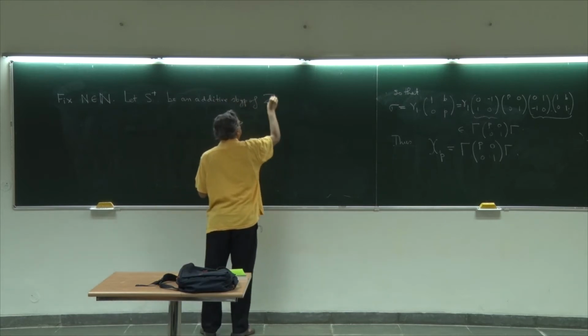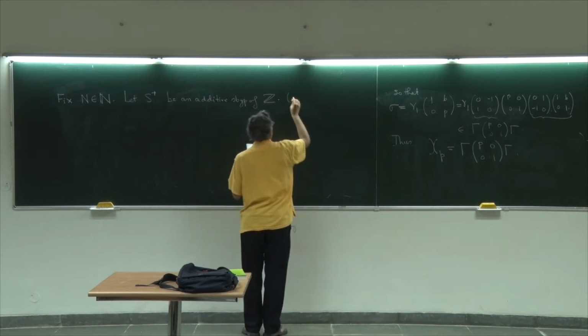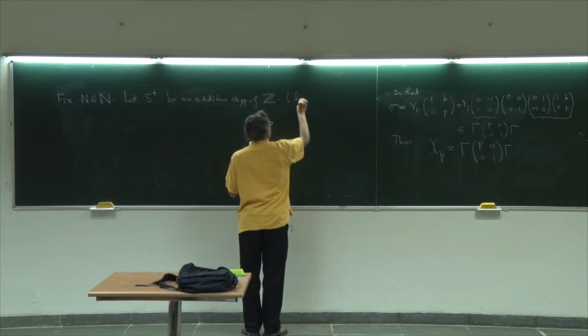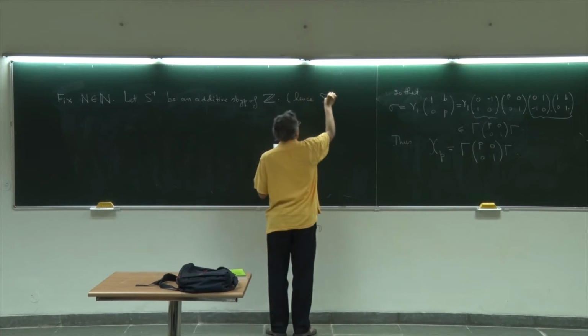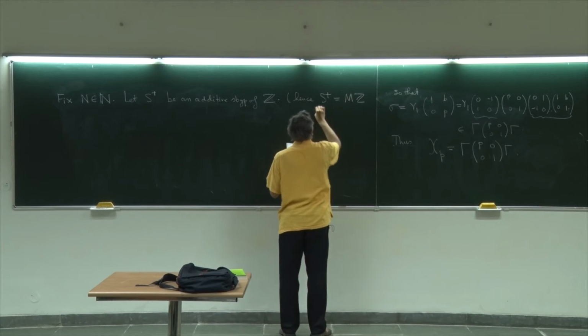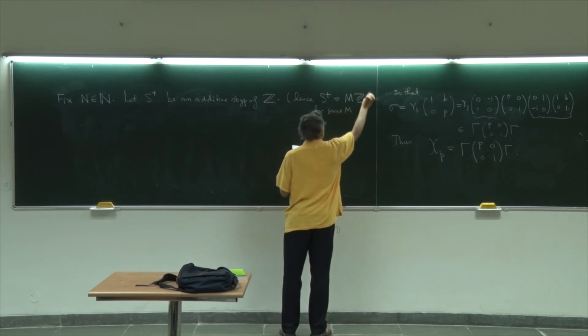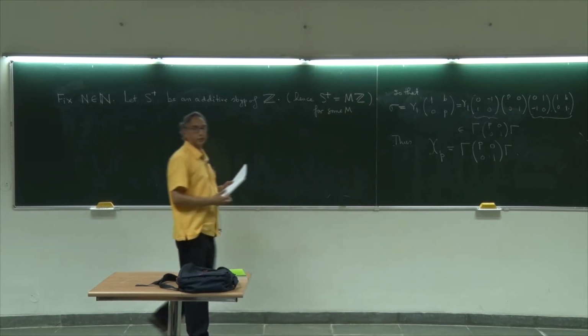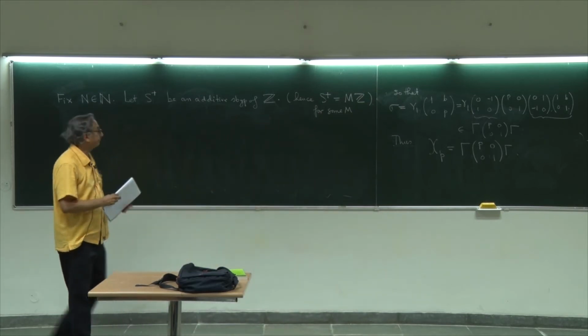So for example, S+ looks like m times Z for some m, because the additive subgroups of the integers are all of this form.